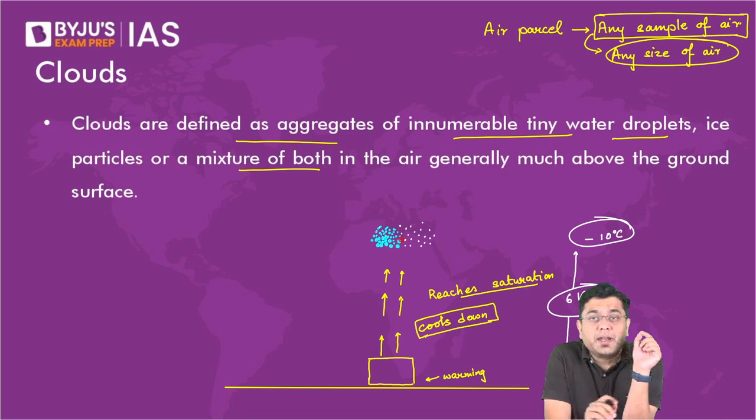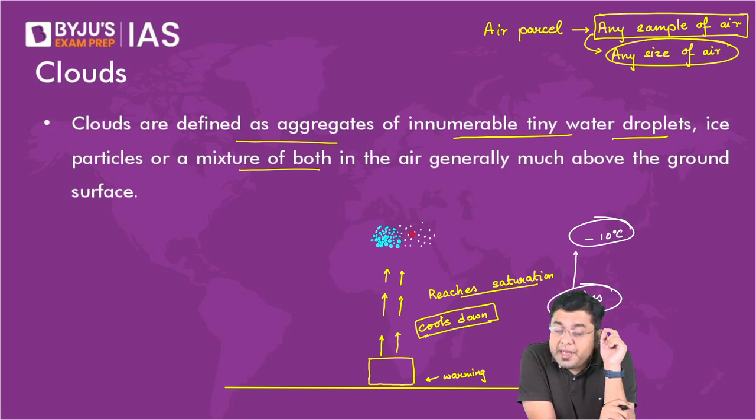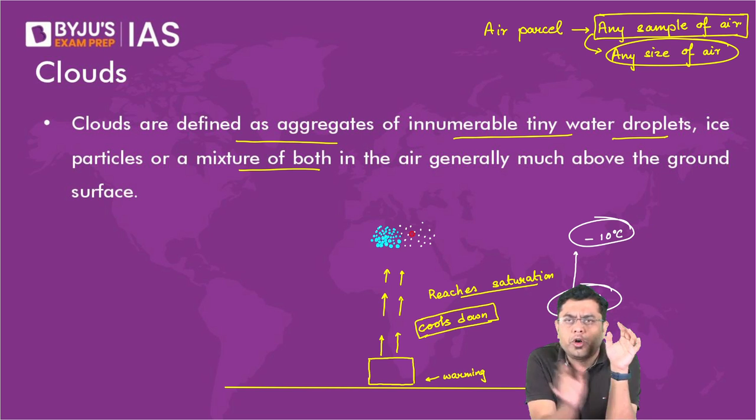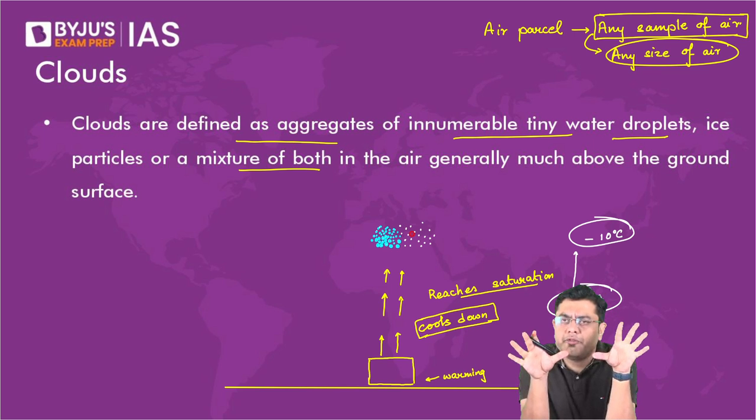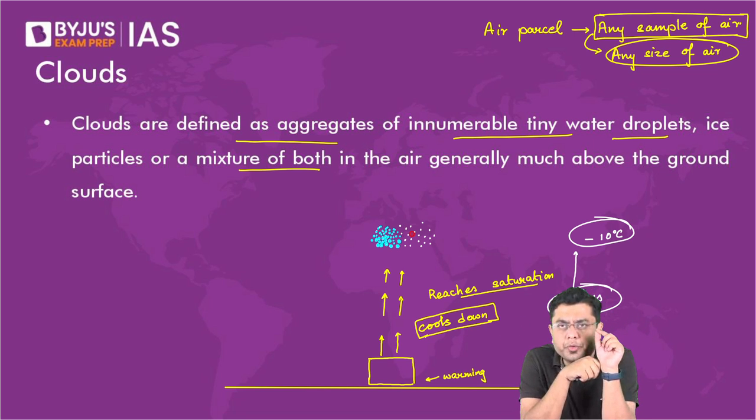Think about it very carefully. Apply your logic, regardless of whether you have understood the previous portion or not. Just listen to the next few minutes very carefully. The ice particles that I told you, their size is very, very small. But will they be considered a kind of surface? Yes or no?